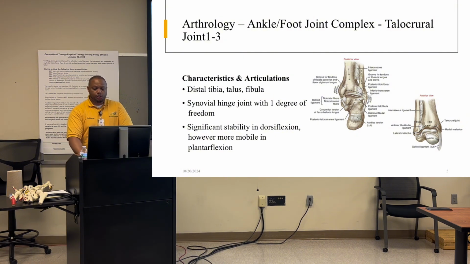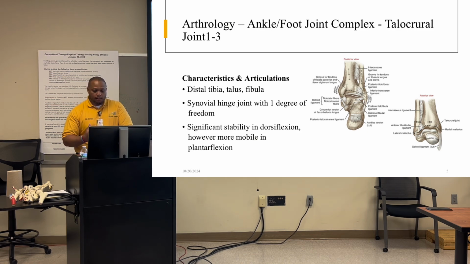With plantar flexion, the normal range of motion is typically about 0 to 50 degrees, whereas with dorsiflexion, the normal range of motion is typically about 0 to 20 degrees. So you have more degrees and more mobility with plantar flexion than we do with dorsiflexion.